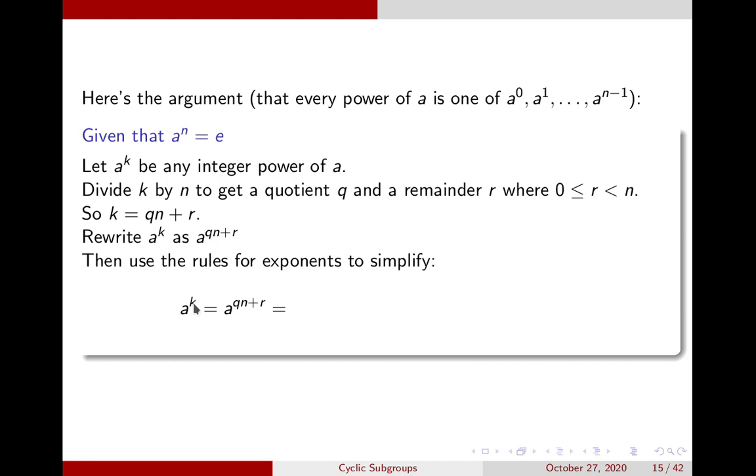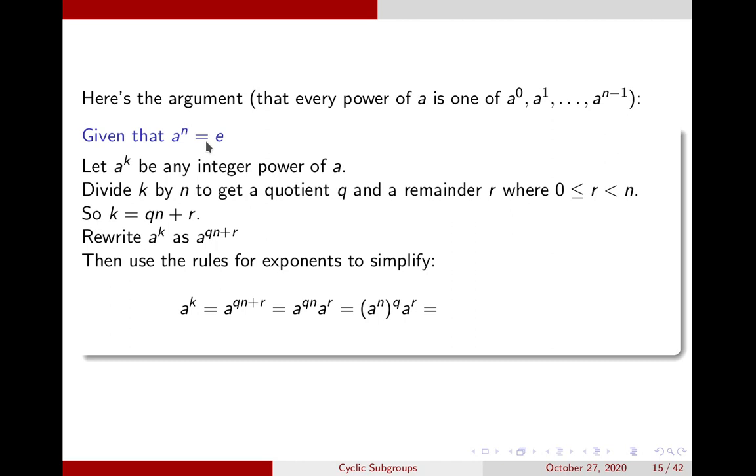So we'll have a to the k is a to the q times n plus r. This, according to the rules for exponents, is a to the q times n times a to the r. a to the q times n is a to the n raised to the q. And then we have the a to the r, which we haven't changed.